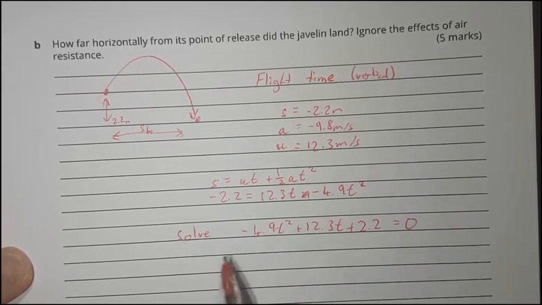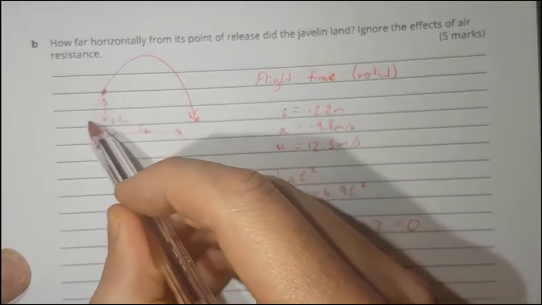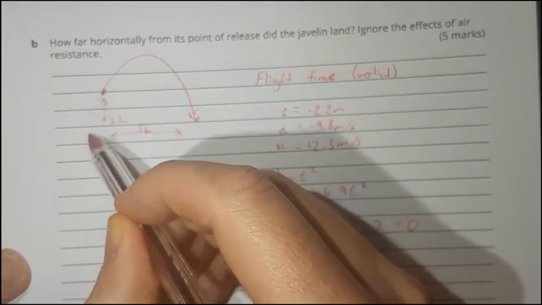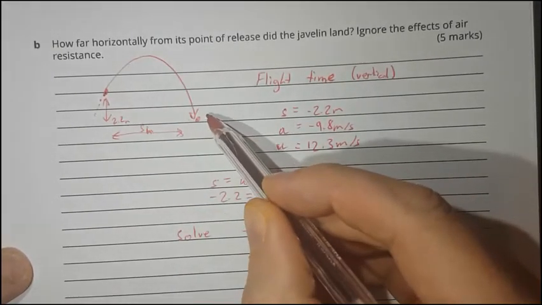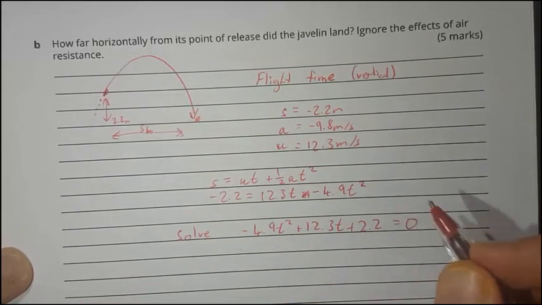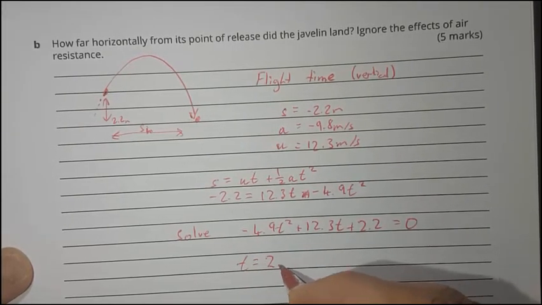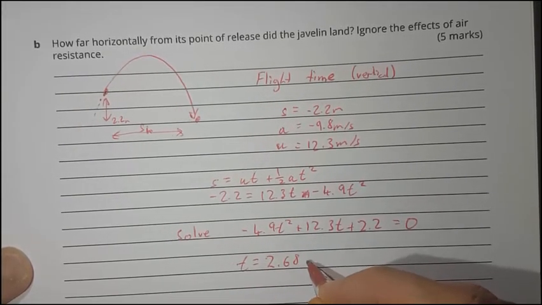Chuck that in your calculator and you'll get two numbers. One will be negative, and that represents mathematically a root here. But then you have another value which represents this point in time here, and on my calculator I got 2.68 seconds.